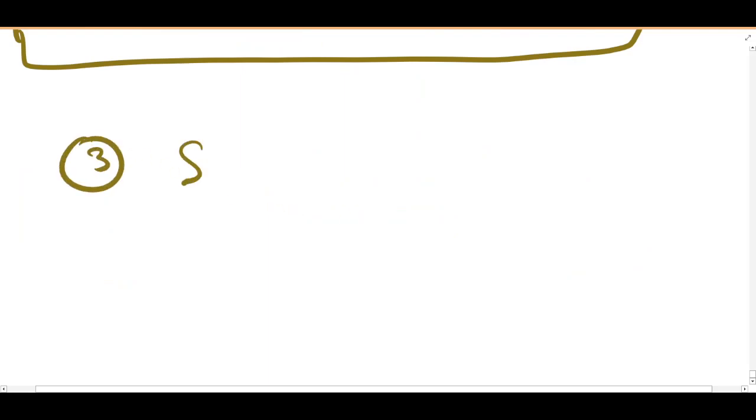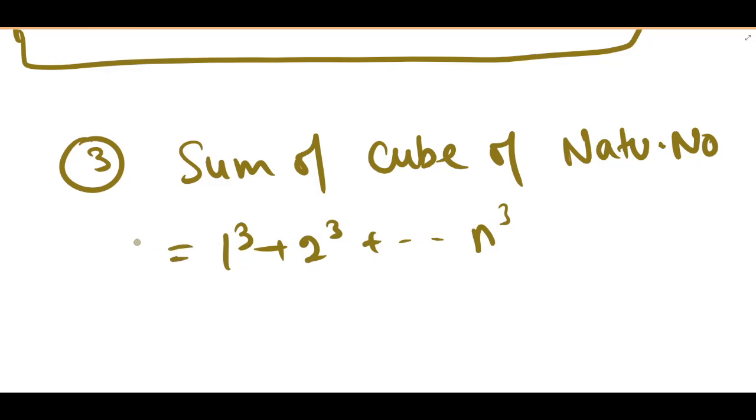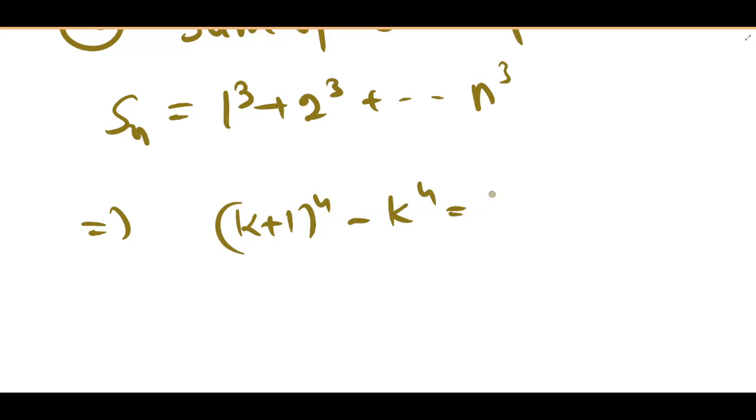Last is the sum of cube of natural numbers, that is 1 cube plus 2 cube plus ... plus n cube, equal to Sn. Like we used an identity in the sum of square of natural numbers, here we will use another identity: (k+1) to the power 4 minus k to the power 4 is equal to 4k cube plus 6k square plus 4k plus 1.